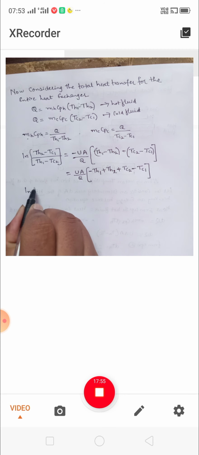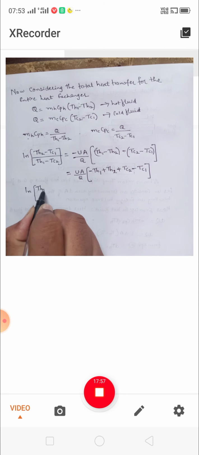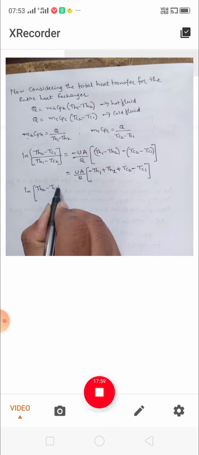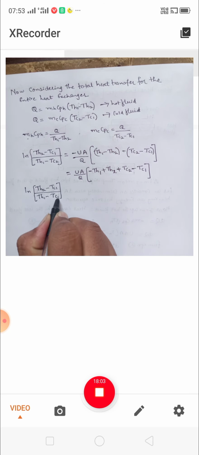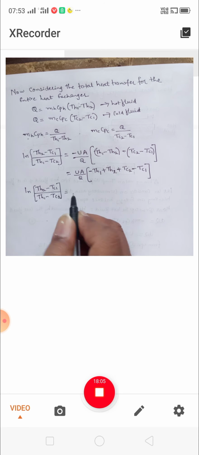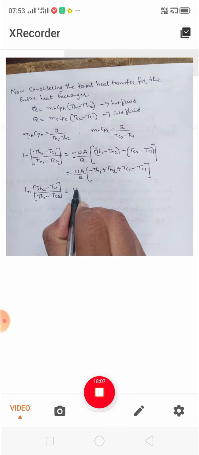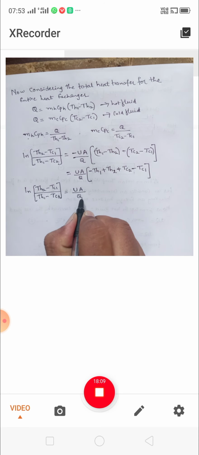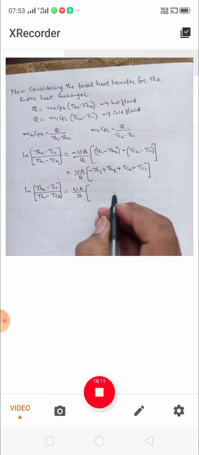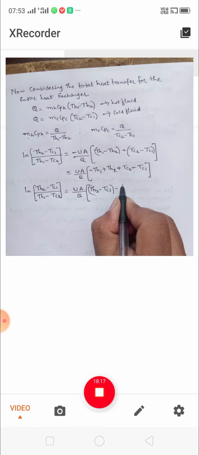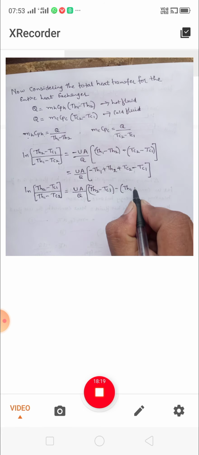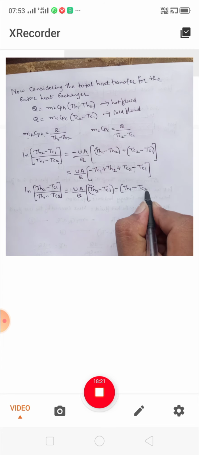So now let me write this equation. Log of Th2 minus Tc1 divided by Th1 minus Tc2 will be equal to U into A divided by Q. Now I will rearrange the terms: Th2 minus Tc1 minus Th1 minus Tc2.